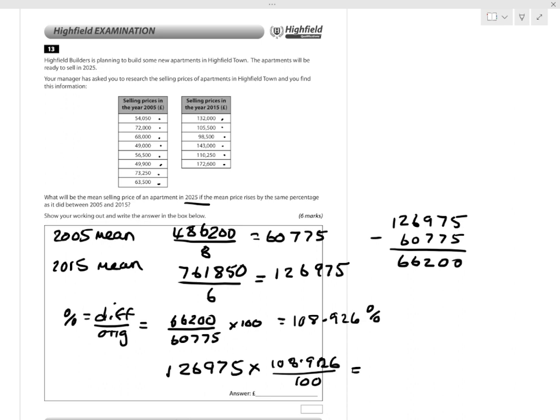Why do I keep getting this number? 108%, so that should just double that, shouldn't it?